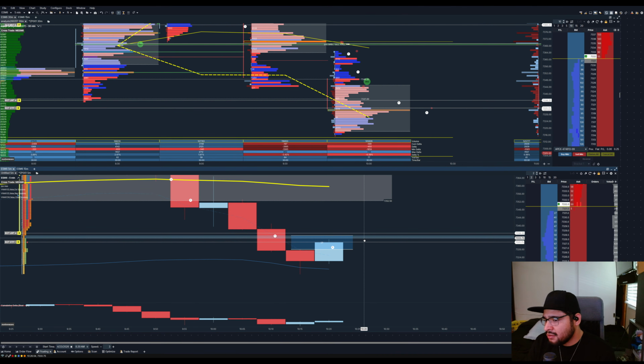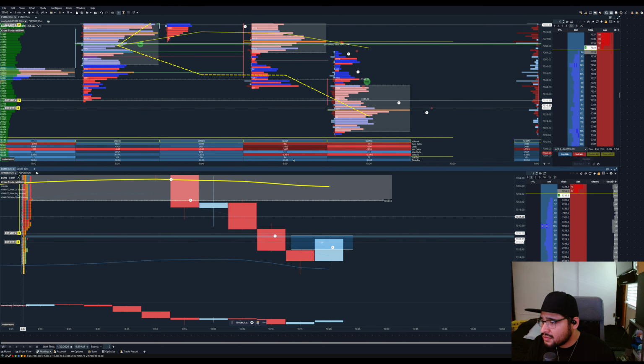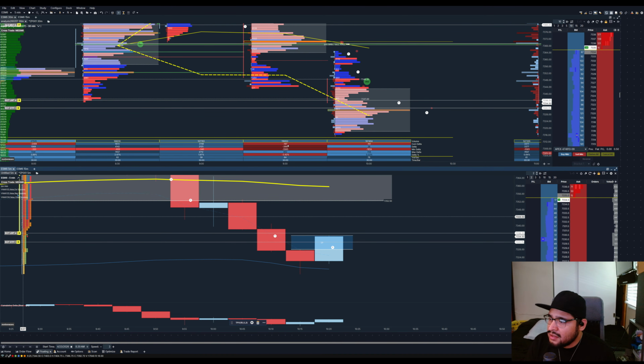There's still a little bit left here. These are my settings for single prints. I think it's display, single prints. Is it general? 2-tick interval, sub interval 5 minutes, number of TPOs 20, time frame a day.